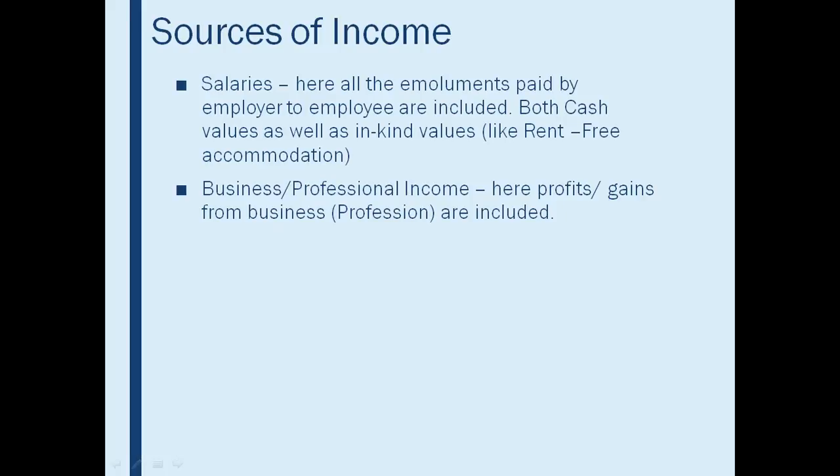Of course, in case of a business, income is always considered at a net income level, which means whatever money you receive, the expenses you have to pay in order to do the business or the profession are always reduced. So what is considered is only the net profit or the net income.